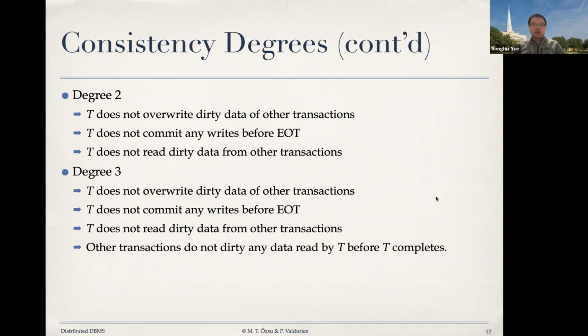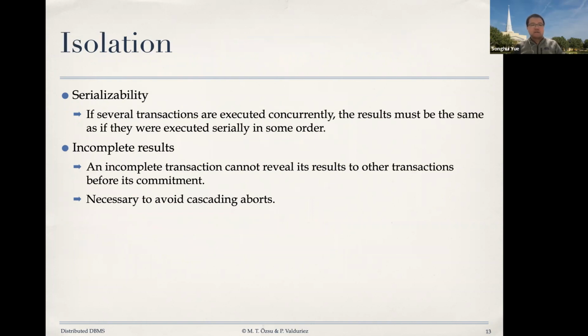However, if it is a gaming application, some users may read some dirty data caused by transaction issues or programming issues, and it's fine to read some dirty data. So actually, it depends. We can apply different consistency degrees to the transaction management.